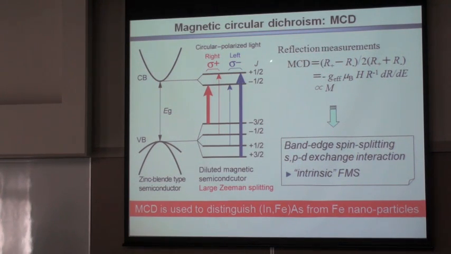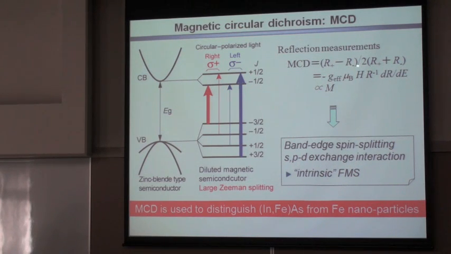So we mainly use reflection MCD. And our reflection MCD intensity is expressed in this way. So basically, we measure the difference in optical reflectance between the two circular polarizations, right and left circular polarizations. And reflection MCD is also expressed in this way.